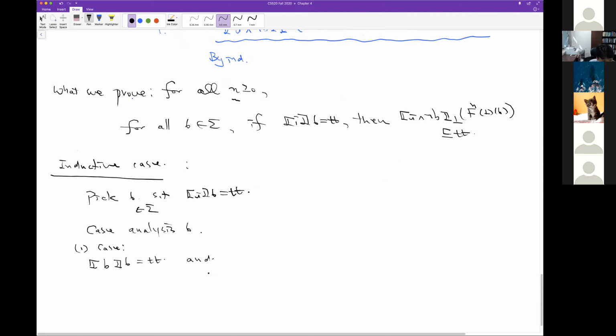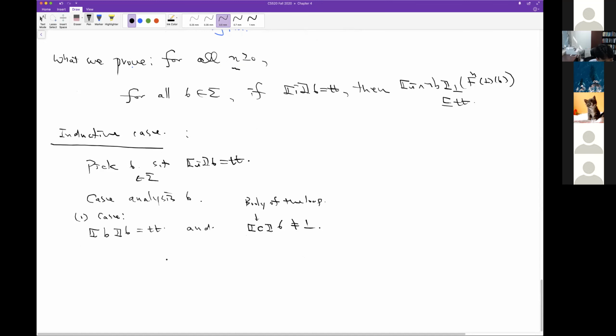The condition is true, and then when you run the body of the loop, so C is the body of the loop, on the sigma, it's not going to be bottom. Okay, so there are cases where the loop condition is false. Also, there's a case where when you run the body of the loop, it's going to be bottom. But this is the most difficult case. So in this case, how can we take care of this?